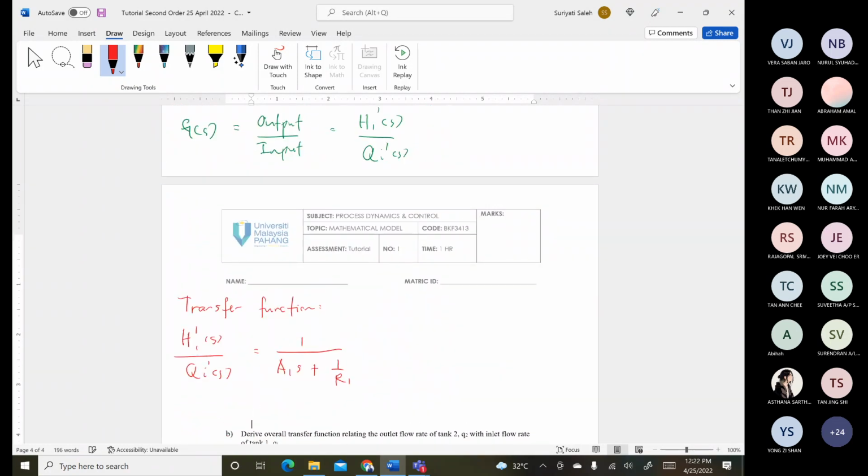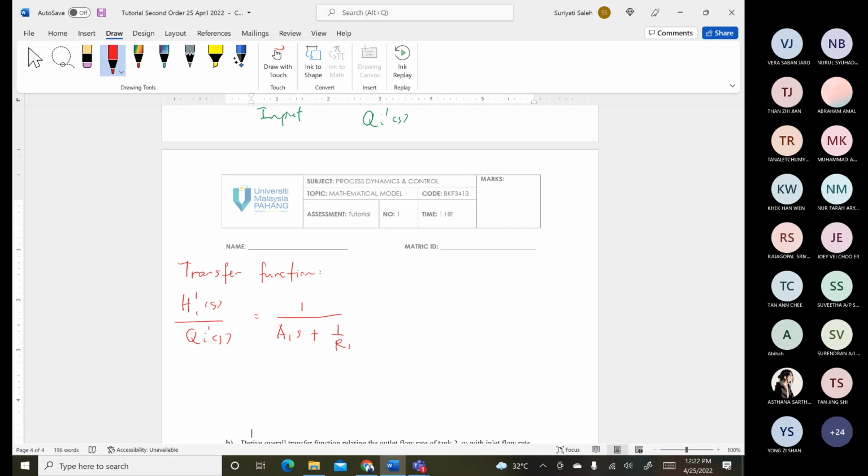This is the transfer function relating the output over input, where here we have S to the power of 1. Whenever S has the power of 1, it represents the first order.